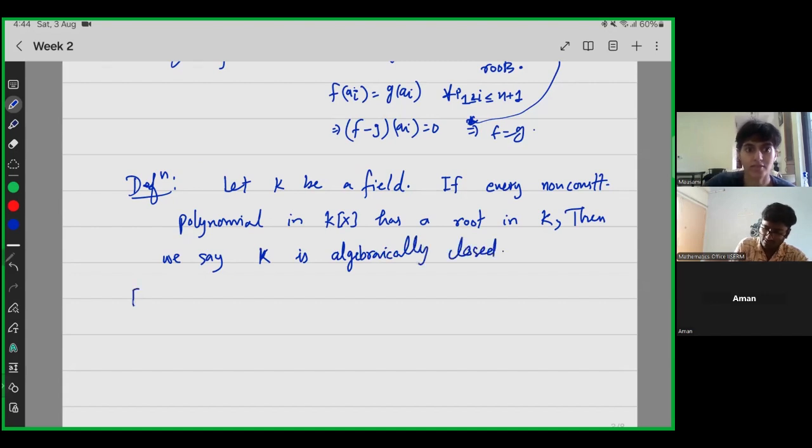Here was an example: the complex numbers, and sir also proved it in the class, but I'm not going to discuss that. C is algebraically closed.